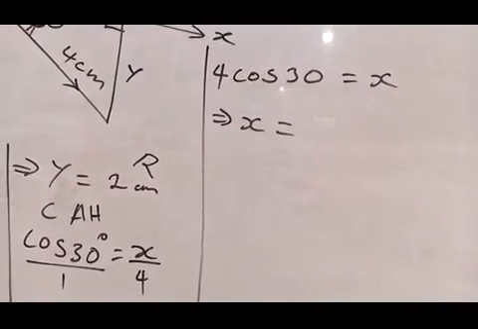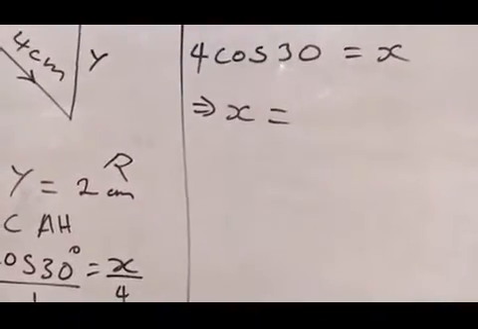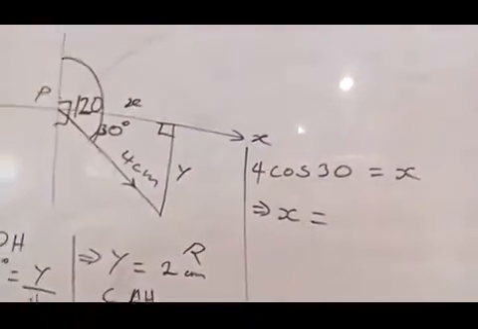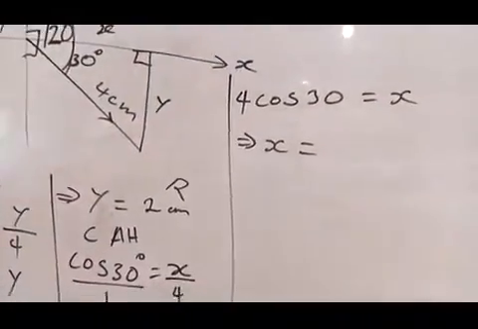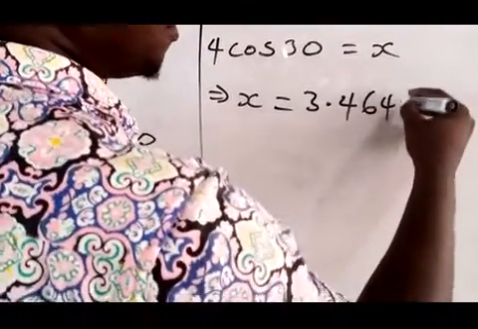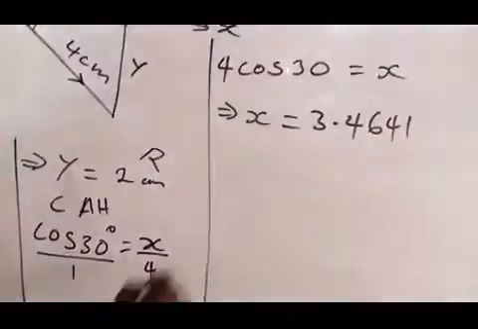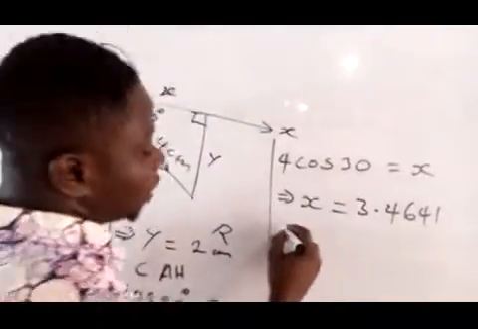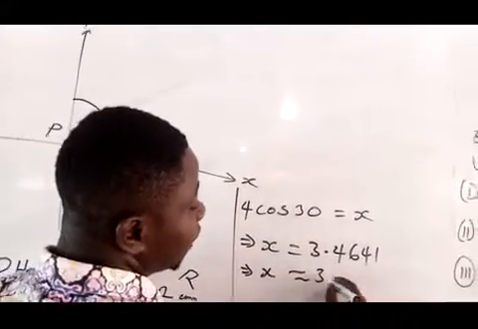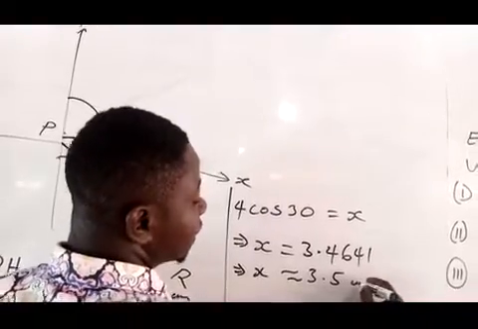4 cos 30 is 3.4641. This one approximately becomes 3.5 centimeters.